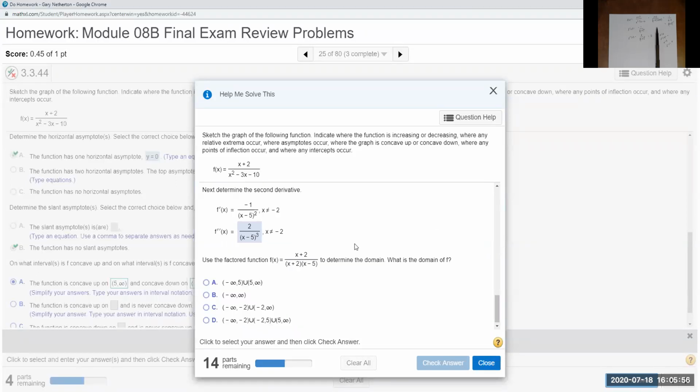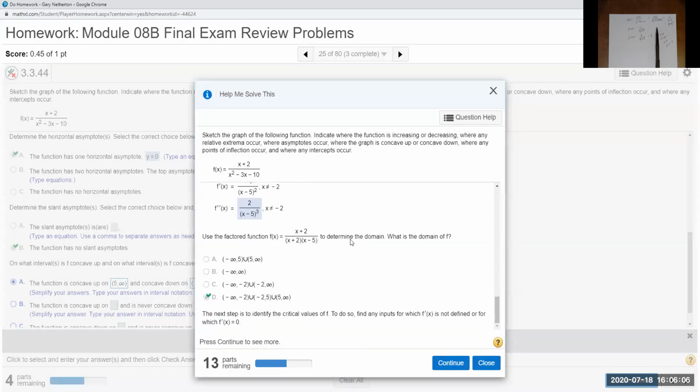Oh, the domain. We can't have -2 or 5. So critical values where the first derivative equals 0. There are none.